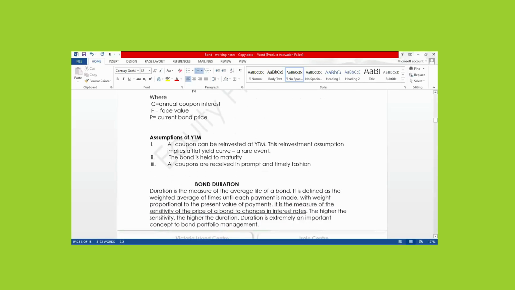The assumptions of yield to maturity. Assumption 1: all coupon cash flow can be reinvested at the rate of the YTM.